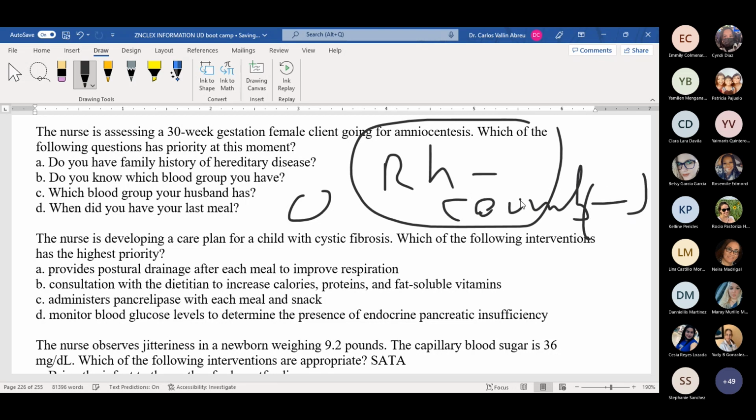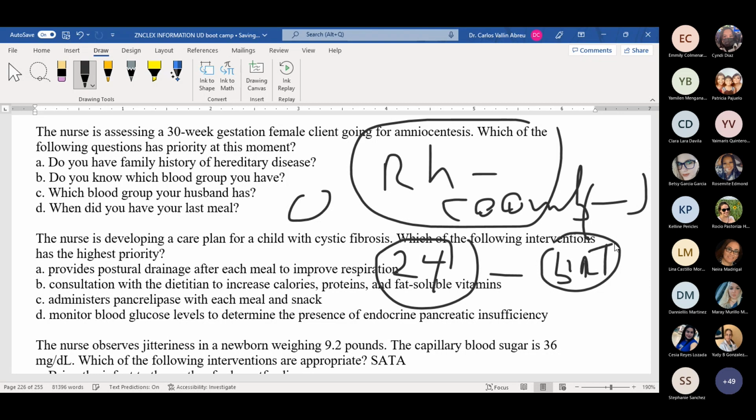It is given usually in the middle of the pregnancy, around the 24th week of gestation, and then at birth, within 72 hours. These are the two doses that most Rh negative, Coombs negative women receive.